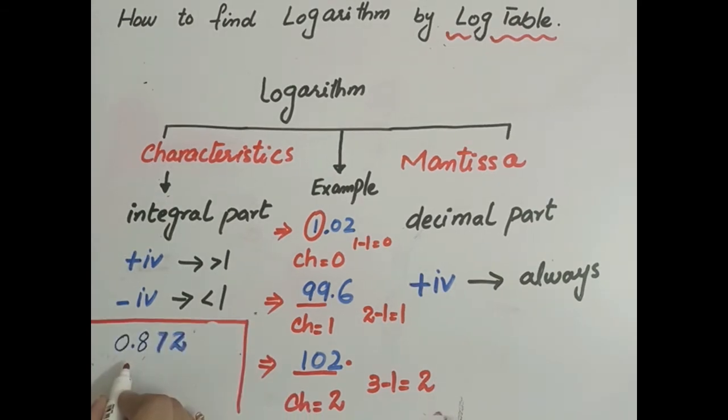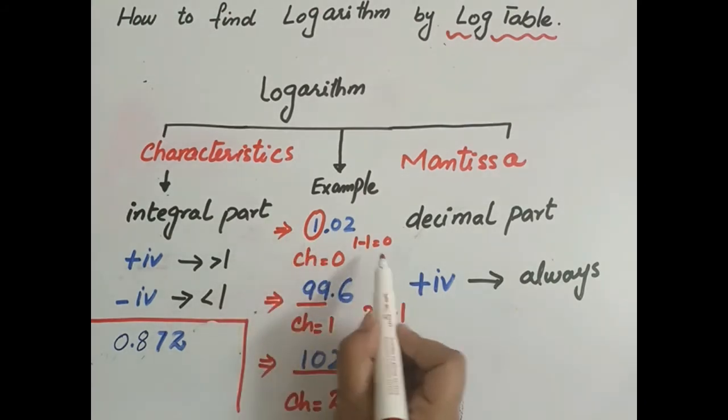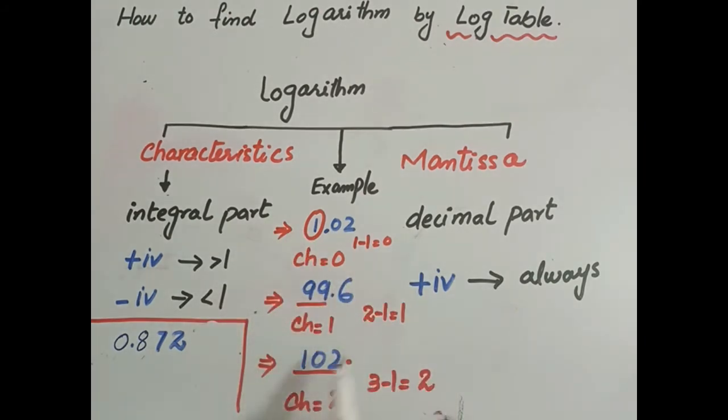Now I have another number, that is 0.872. I have told you in all previous examples that whatever the number of digits before the point, or in the integral part, we have to subtract 1 from the number of digits in the integral part. Integral part means the numbers which are before the point. Fine.